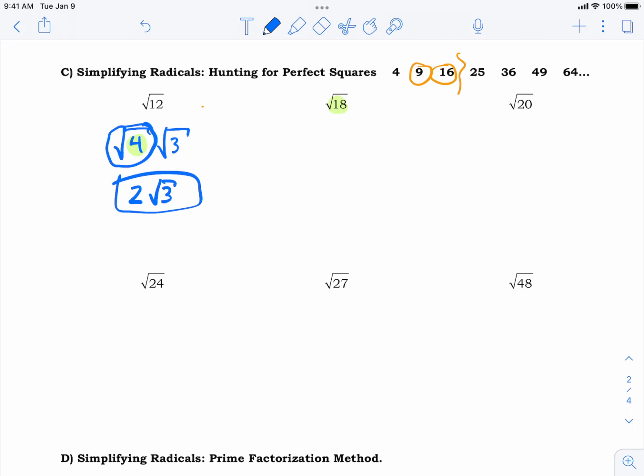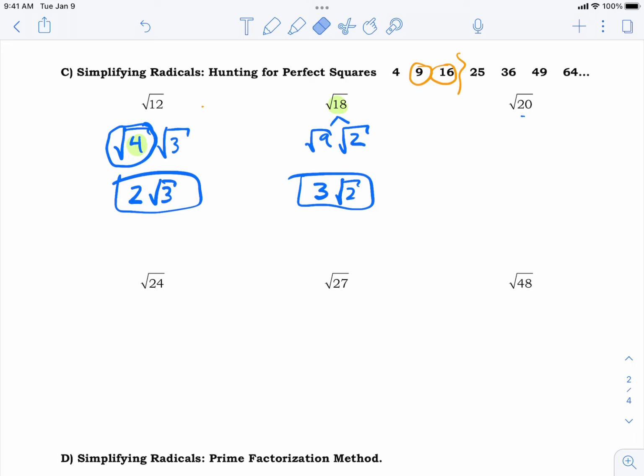So you think of the 18 as a 9 times 2. In fact, you might just, to be easy, write it this way. 9 times 2. 18 is 9 times 2. Cool. So this is square rootable. Radical 9 is 3. And then the 2 is just sitting there. It just schleps along like that. Okay? So break up the 18 as a 9 times 2.